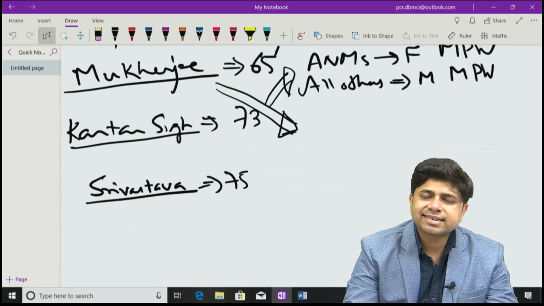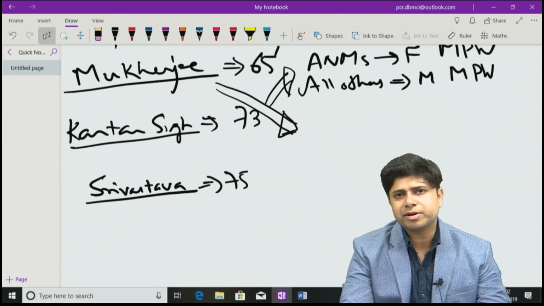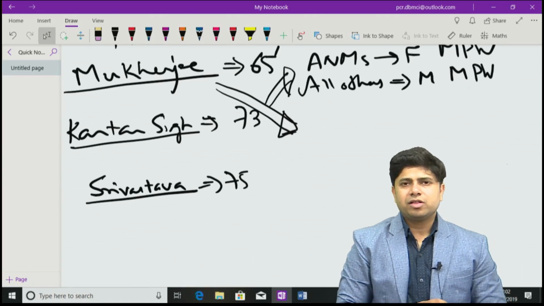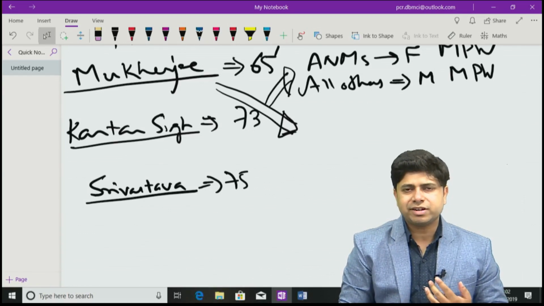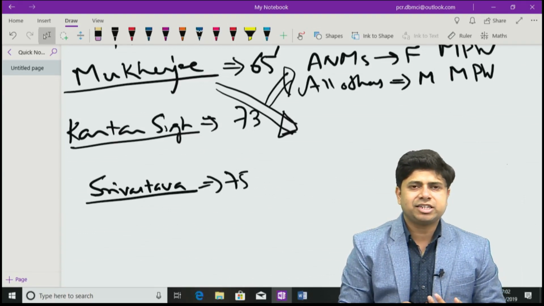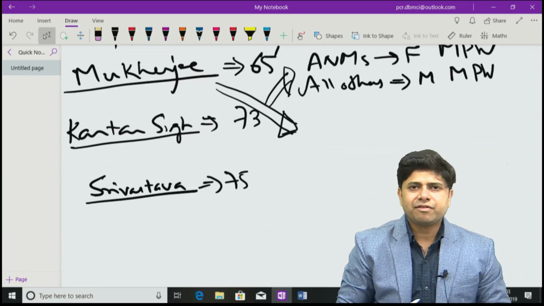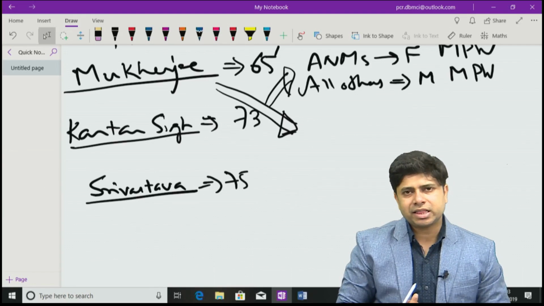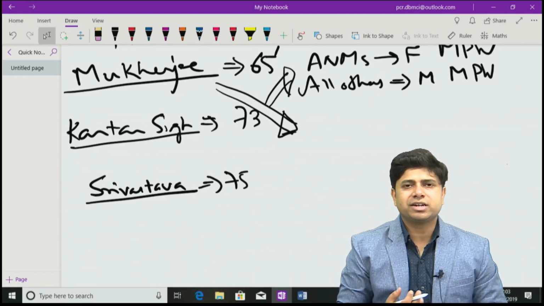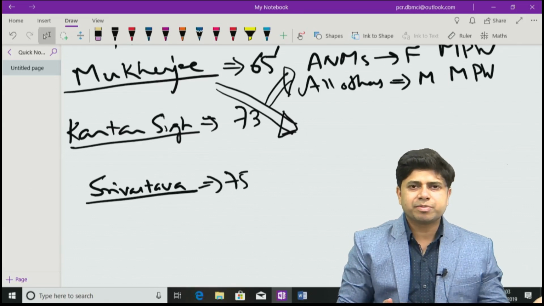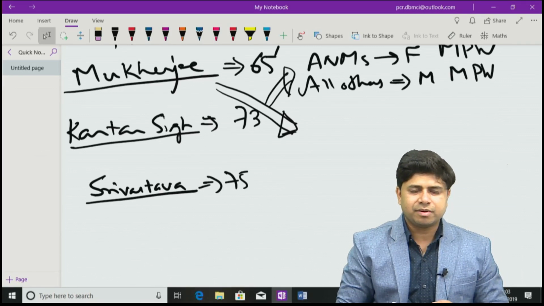And Mukherjee committee said that separate staff should be there for family planning activities and malaria surveillance, because before that the same staff were doing all the activities for family planning, malaria and vaccinations. So they found out that those staff were under tremendous pressure and were having difficulties performing their tasks as multipurpose workers, as vaccinators, as family planning activists.